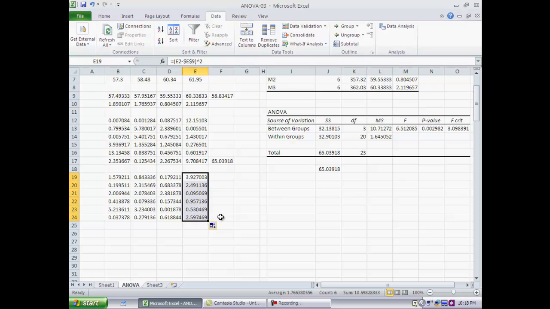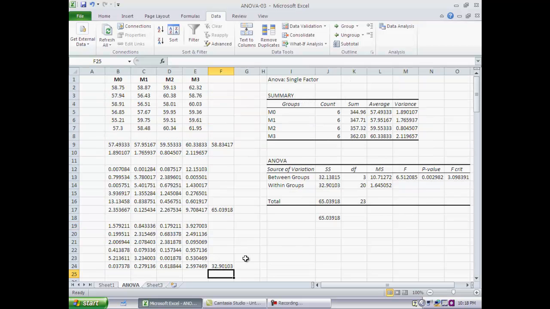Copy this over, and now sum all these squares up. And look at the value that I got. It is 32.90103, and that's the within group sum of squares. So this is the variability within each group. If I treat each group separately, this is the variability within each group.